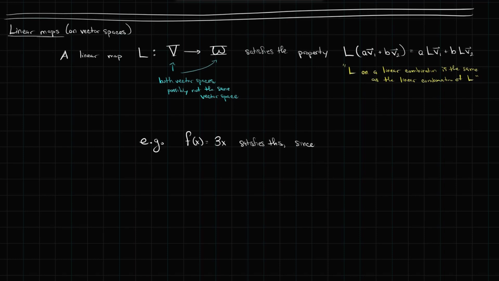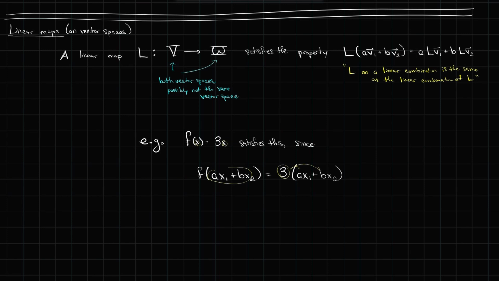since f of a x1 plus b x2 equals, well, by definition, what does it mean to plug something into 3x? We're just going to do 3 of a x1 plus b x2, and we know how multiplication behaves.